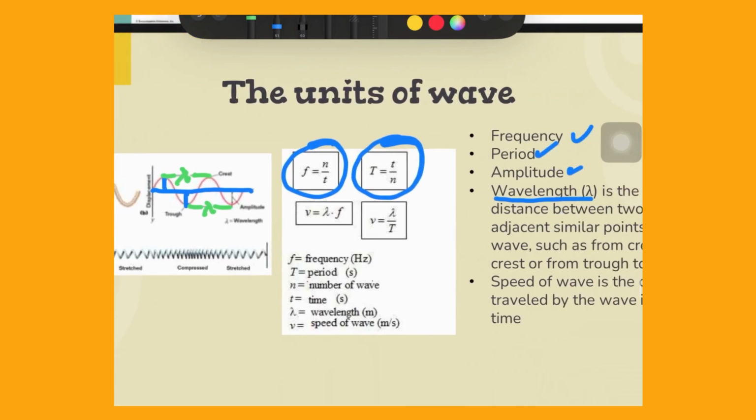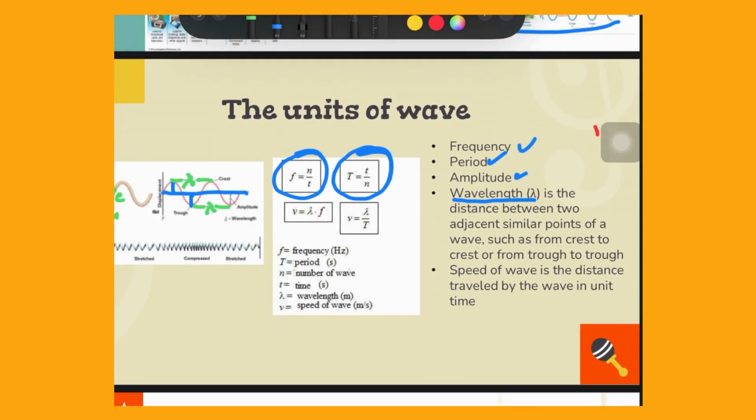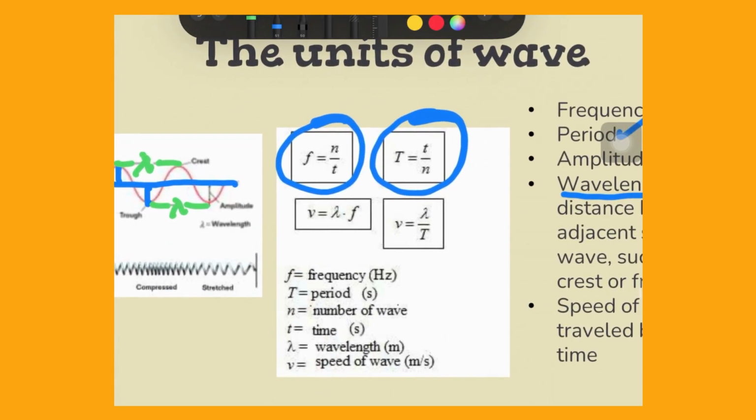And then the speed of the wave is the distance traveled by the wave in a unit of time. This one, the speed of the wave, v = lambda times f. Remember, it has a relation between f and T. T equals 1 over frequency, or frequency equals 1 over period.